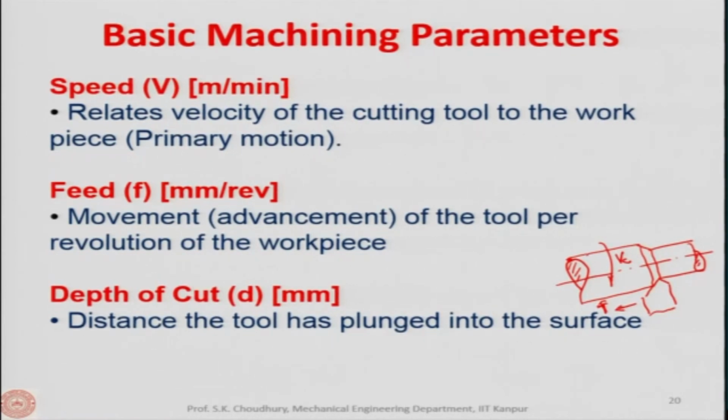Now, this is the initial diameter which we started with, and we are getting this diameter, let us say this is D1 and this is D2. Okay. So, D1 has been reduced to D2. So, therefore, this is the value of the D, which is the depth of cut. This is the depth of cut, how much the tool has plunged into the surface of the material which is being machined.